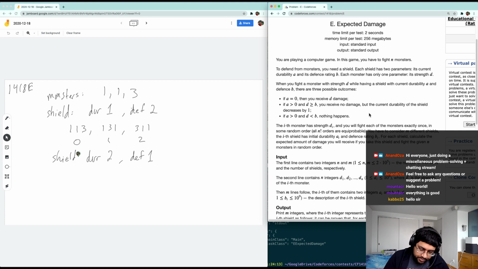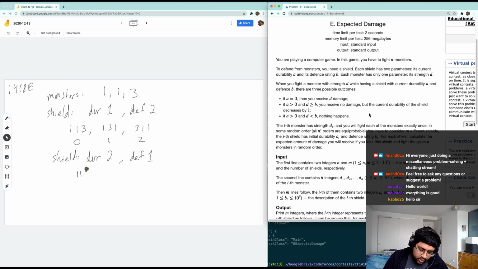I'll write shield again. Okay, so in this case, if we have durability 2 and defense 1, then everything will hurt our shield. So basically the first 2 hits to hit your shield will break it, and then you'll take damage from the last hit.